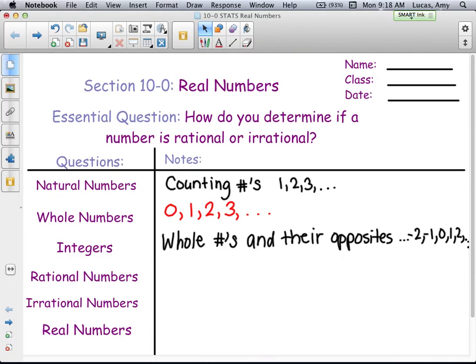The next set is called the rational numbers. You may notice that the first 5 letters in the word rational are ratio. A ratio is a fraction.